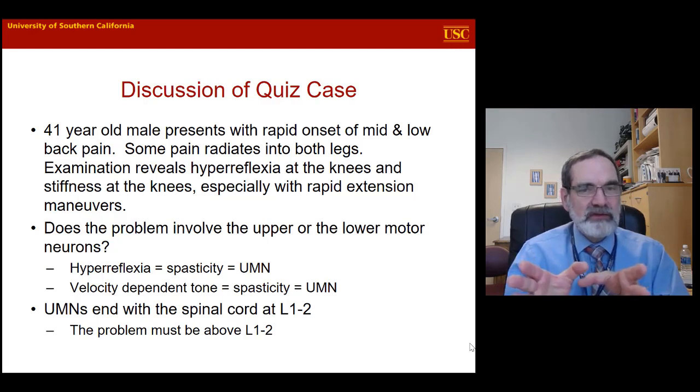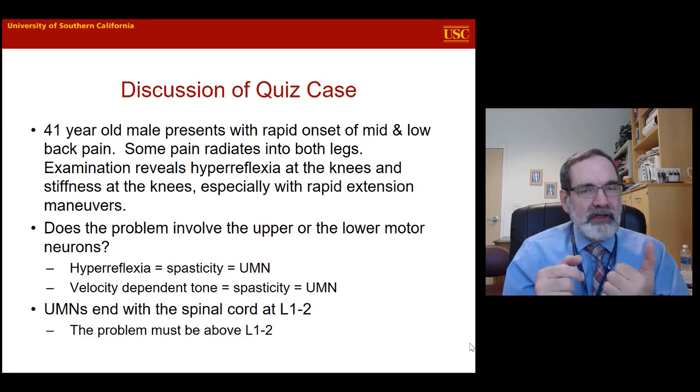This means what? Is the problem an upper or a lower motor neuron problem? As you see here, hyperreflexia equals spasticity equals upper motor neuron. Velocity-dependent tone is, again, a sign of spasticity, and that's an upper motor neuron condition.